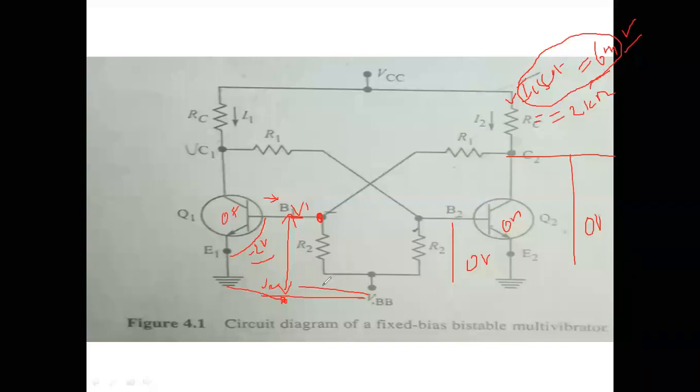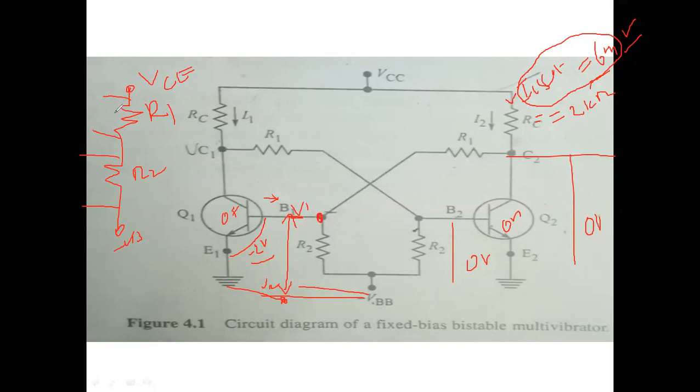You can assume this branch has two resistances in series, one is R1 and another is R2. Here the voltage is VCE, and we are going to find out the voltage here, which is nothing but VBE. Second, we have the voltage here, which is minus VBB, on the same branch from this side.